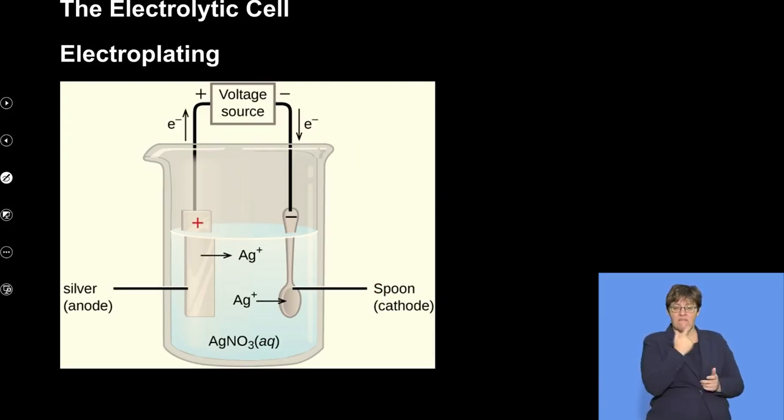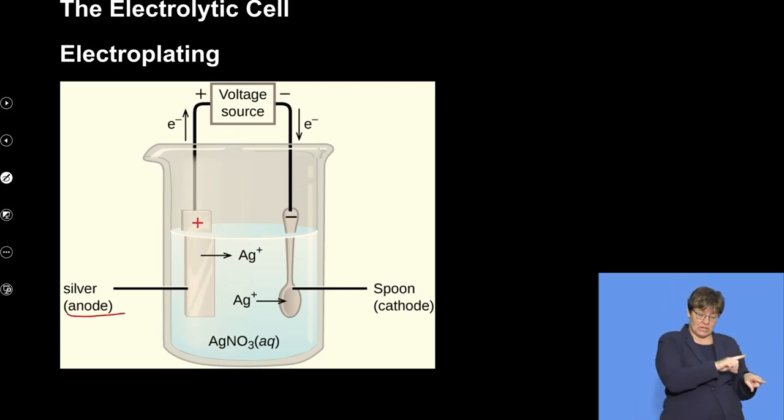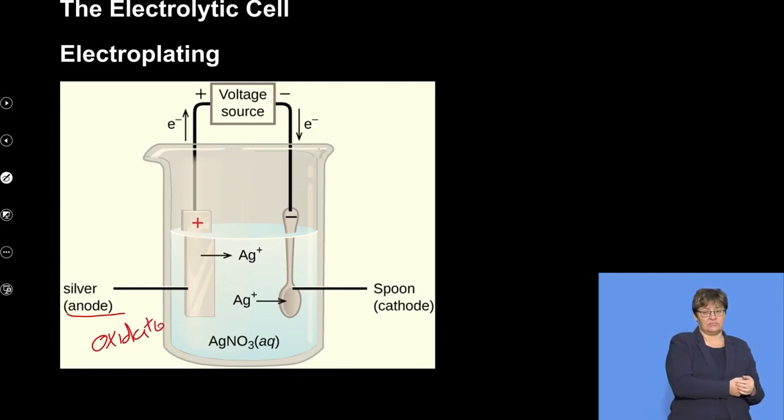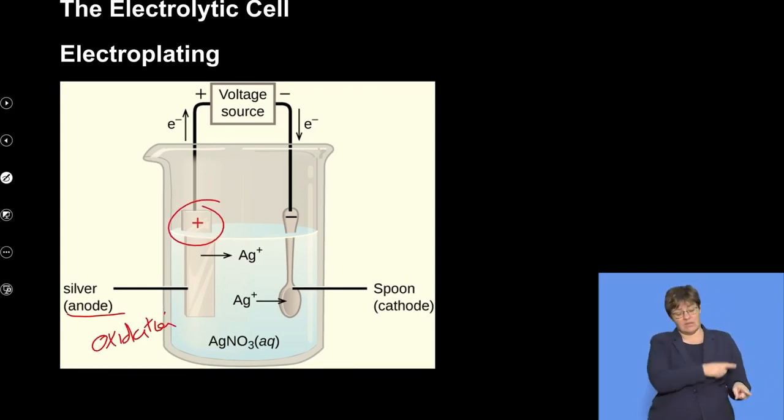You can get the ones for plating, and they look quite different from the ones for electrolysis. But in exactly the same way, we're still saying that the anode is where oxidation takes place, and it's the positive cell. Whereas the spoon here is where reduction takes place, and it is the cathode.